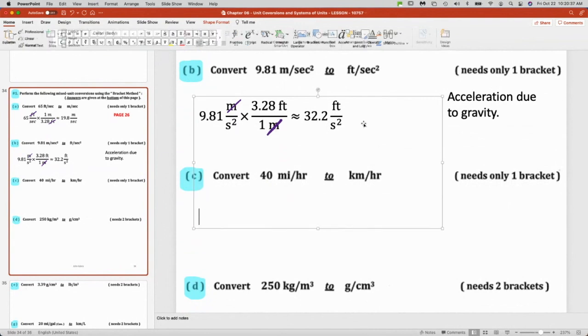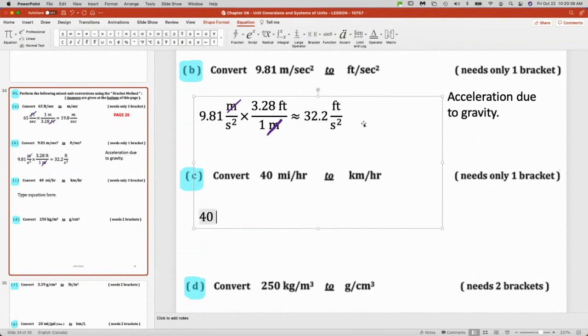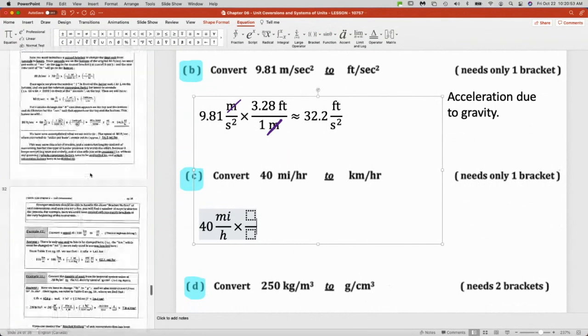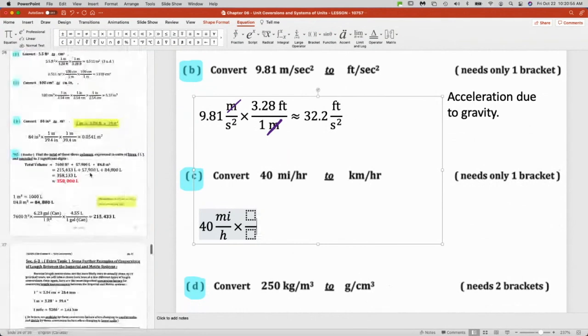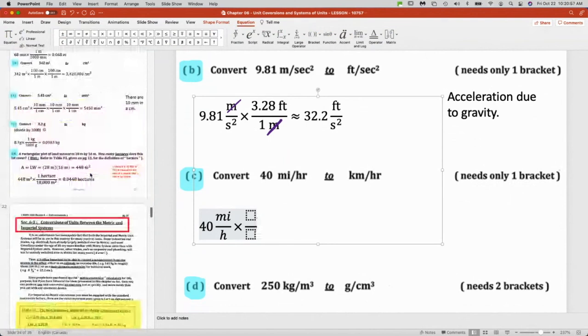All right. So we have 40 miles per hour, and we want to go to kilometers per hour. So Marco, what's the conversion for that one? How many kilometers in a mile? Let's go with the one on the yellow sheet, the one that I highlighted before.